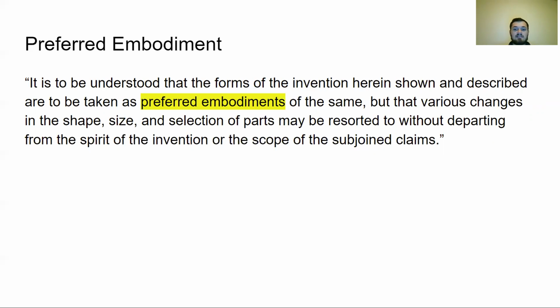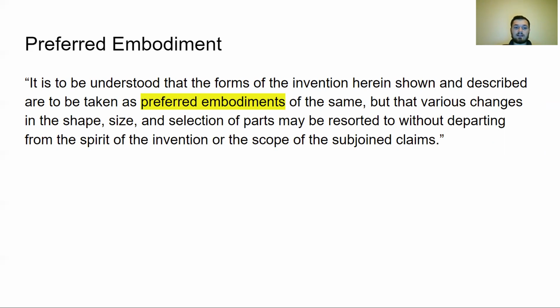What this basically means is that as long as it accomplishes the same goal of testing the flutter and the vibration while in the air, which is the scope of the project and the spirit of the invention itself, it doesn't matter what you use, as long as you can accomplish those goals within a similar frame.